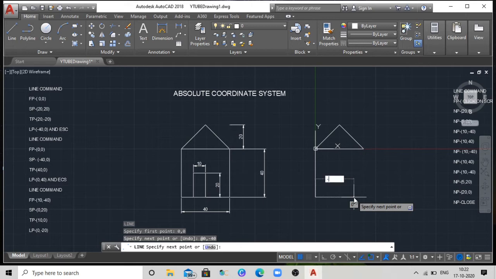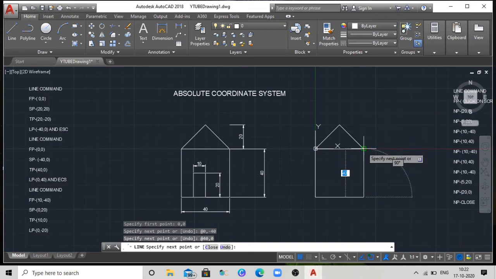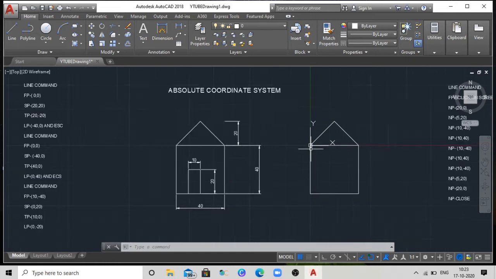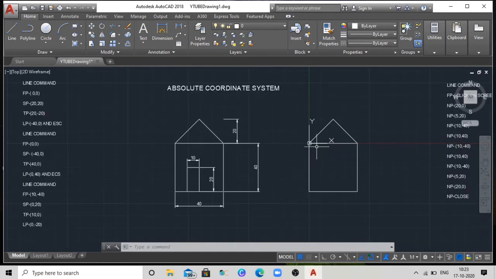Then third point will be -40,0. Last point will be 0,40. Close. So we are taking the x and y distance from the origin, from the source of origin. Means x and y distances are measured from the origin. So this will remain here.